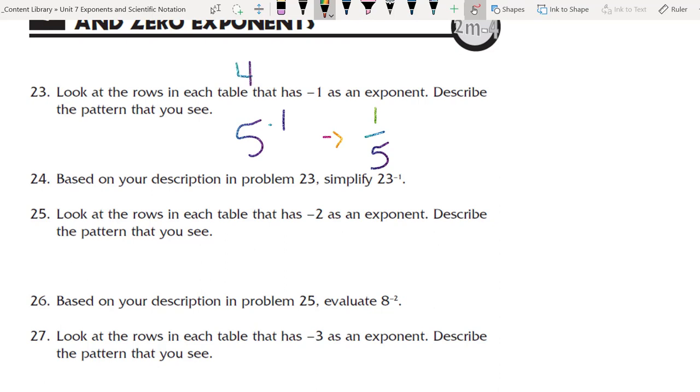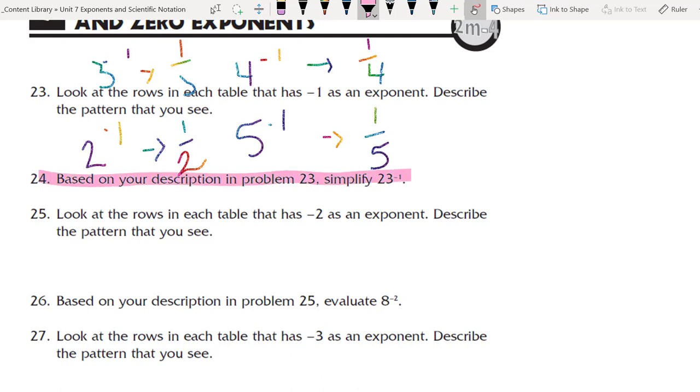When we had 4 to the -1, that became 1 over 4. 3 to the -1 was 1 over 3. 2 to the -1 became 1 over 2. So what would happen if we had 23 to the -1? What would that be? If you're thinking 1 over 23, you would be correct.